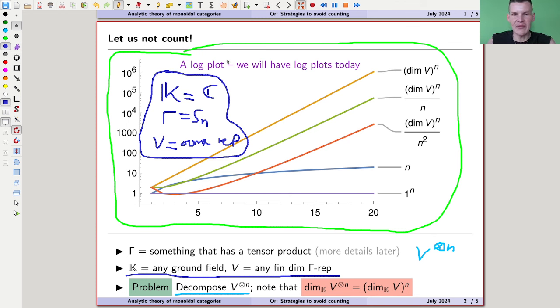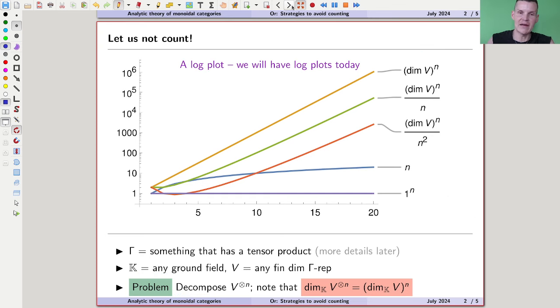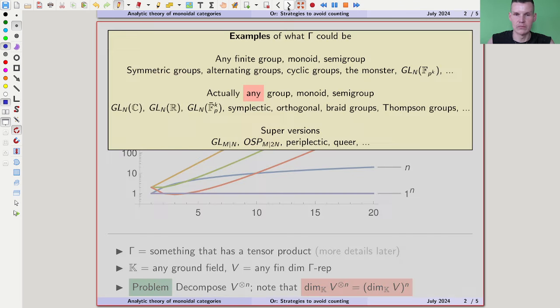So in this generality, there's simply nothing I can tell you about this problem beyond some very basic stuff. Like, yes, the decomposition makes sense. I can't say much more in this type of generality.